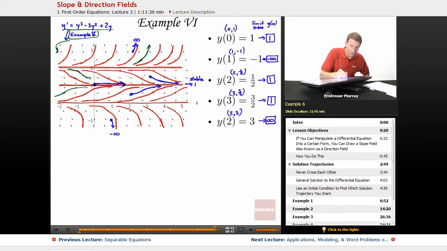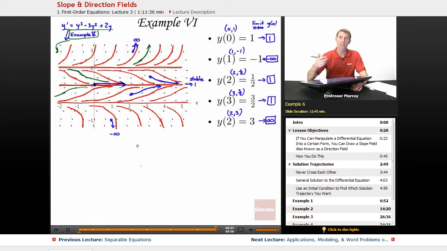So I have to be careful that I don't draw them crossing each other. When they start to get close, they end up becoming almost parallel to each other. They get asymptotically close to each other, but they never cross each other, and they never actually touch each other. So I connected the arrows into some solution trajectories.